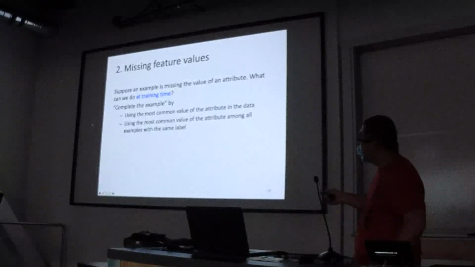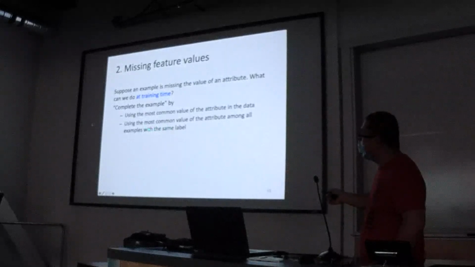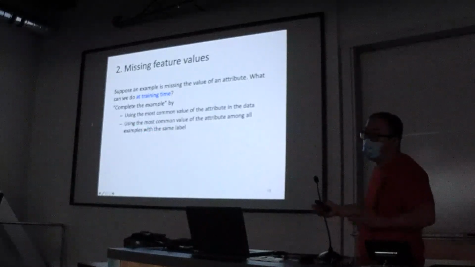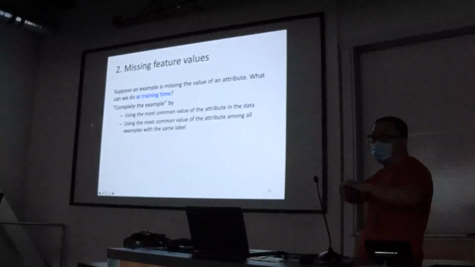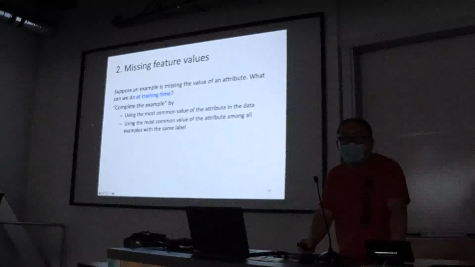If you look at the number of the examples who have the same label, who don't miss the outlook value, this subset is too small. You might think, okay, let me just expand the range. I just look at all the examples, no matter what label it is, and what is the most common value to fill the gap.